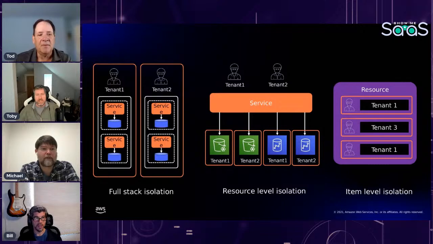In some cases, it might be less of an issue. If it's just a transport, for instance, to use the queue as an example. Everybody's using the same queue and you put some piece of data destined for a service for tenant one. If that service has precautions or safeguards in place to make sure that when it plucks that item off the queue, it's doing whatever is tenant appropriate, then maybe the transport being commingled with other tenants isn't that big of a deal.